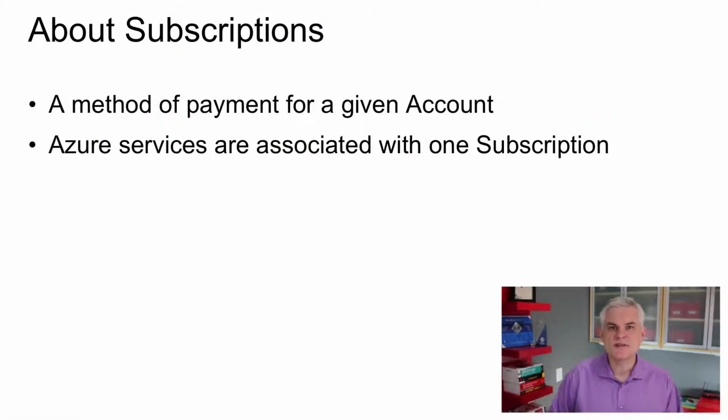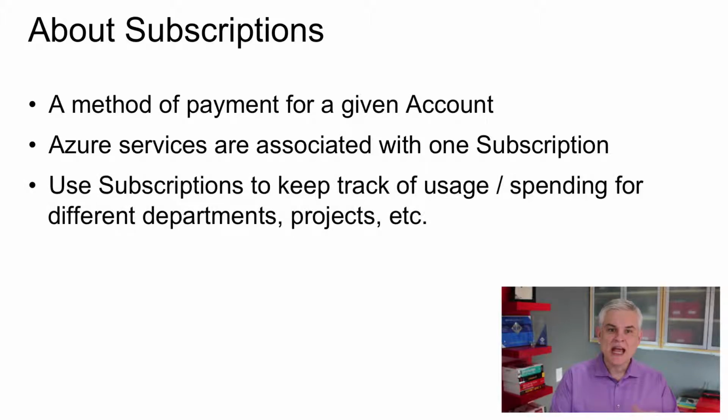But if you add multiple subscriptions, they're going to allow you to keep track of the usage and the spending associated with different projects or different departments. So you can use a different payment method for each subscription if you want to, or you can use the same payment method for all of the subscriptions.